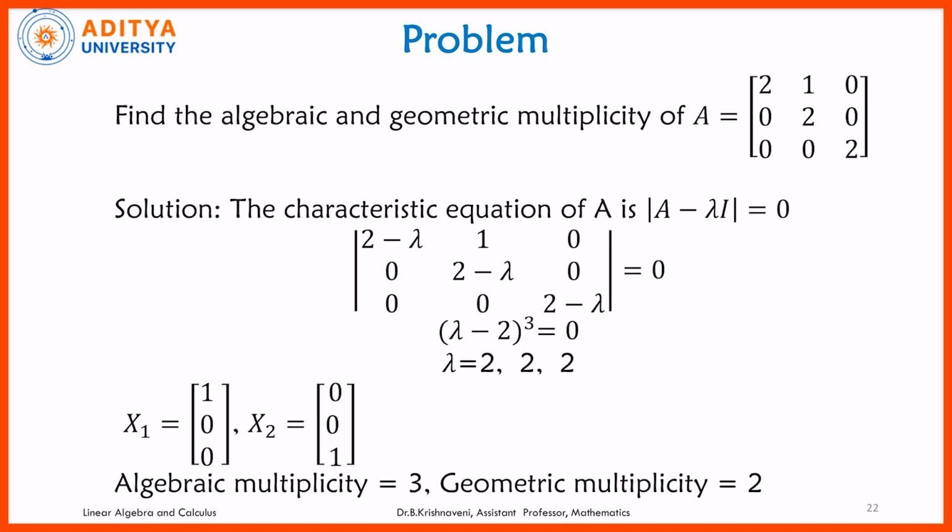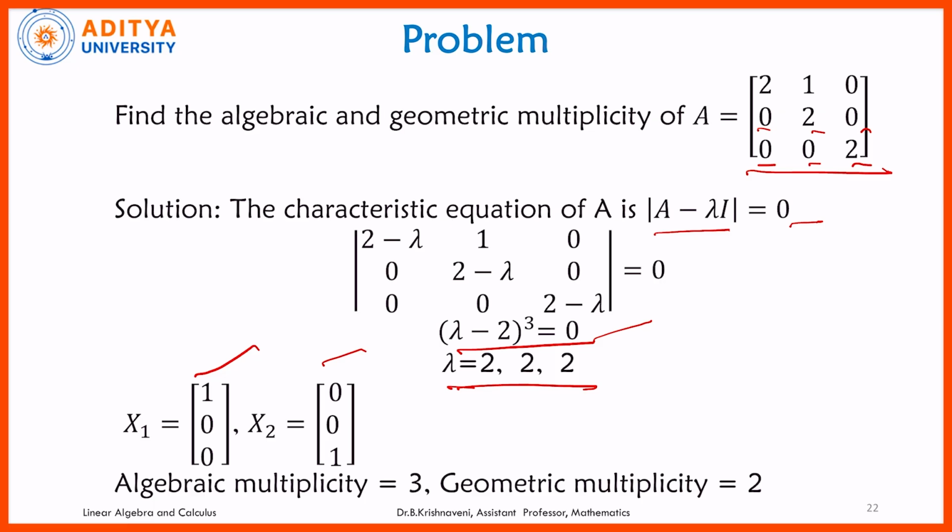Now, here is one more example, in which the eigenvalues and eigenvectors are already calculated. Given the matrix 2, 1, 0; 0, 2, 0; 0, 0, 2, for the characteristic equation, det of (A minus lambda I) equal to 0, we got the equation (lambda minus 2) whole cubed equal to 0.